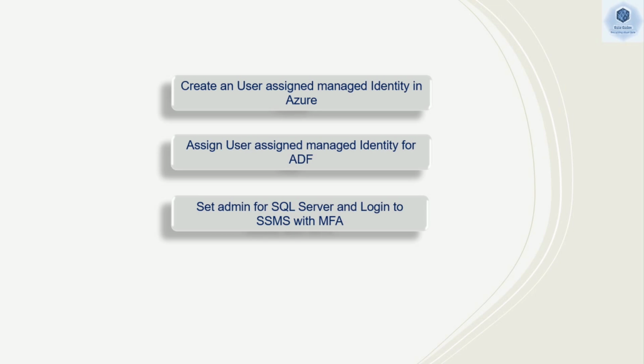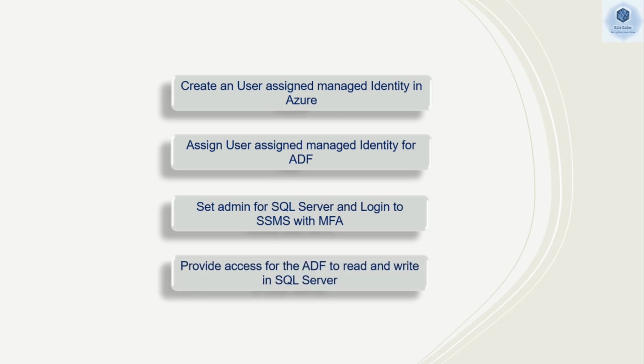There are Azure SQL server admins who can create the users and assign specific roles for the users that have been registered under your tenant. So we are going to configure the Azure SQL admin, and we are going to log in to SSMS with MFA authentication. And finally, we are going to provide access for the user assigned managed identity that we have created, with the specific roles required for the migration.